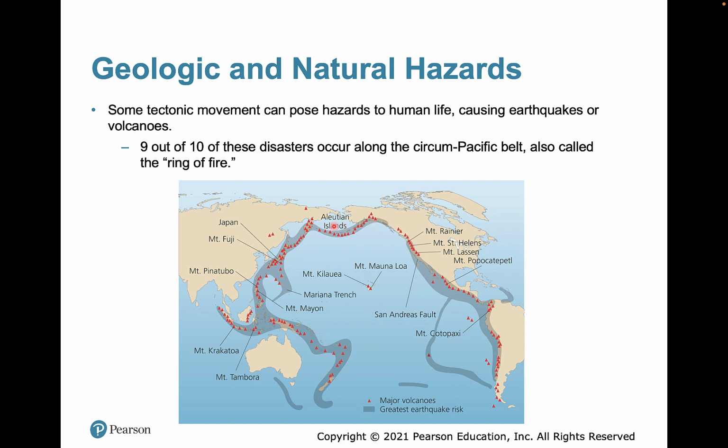So the Pacific Plate interacts with the North American Plate, the Nazca Plate. It's the South American and the Nazca Plate. It's the Pacific and the Indian Australian Plate. It's the Pacific and the Philippine Plate, okay? So most of these disasters and these hazards exist around the Pacific Ocean. That's not to say that there aren't hazards elsewhere, but these are where the main ones take place.